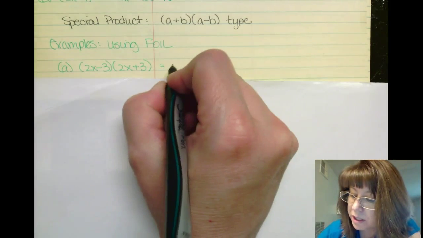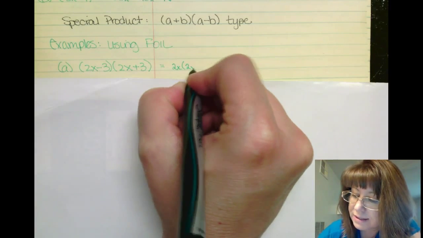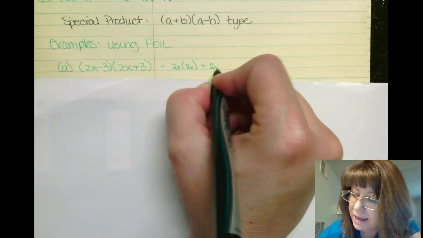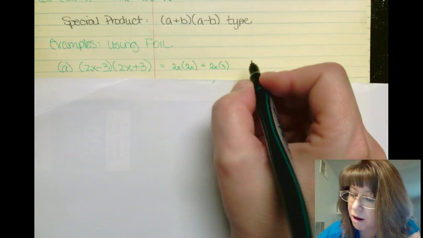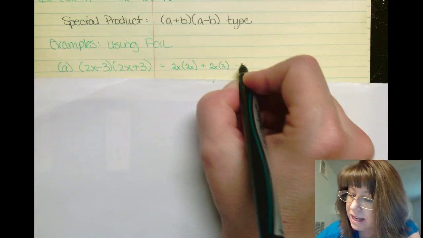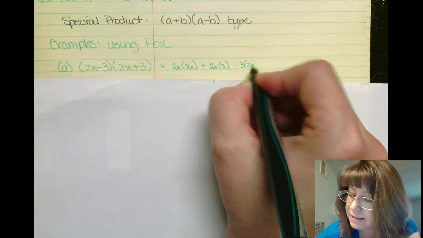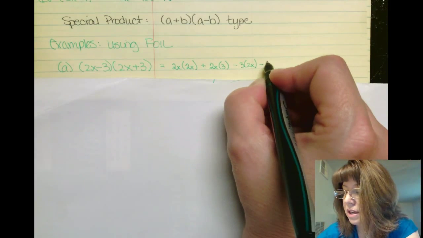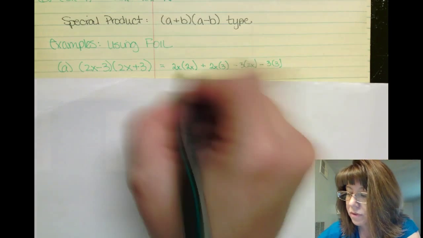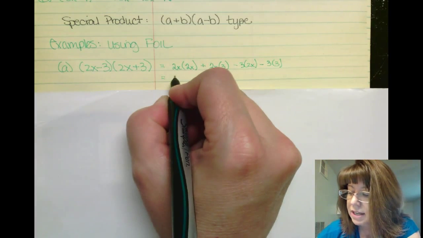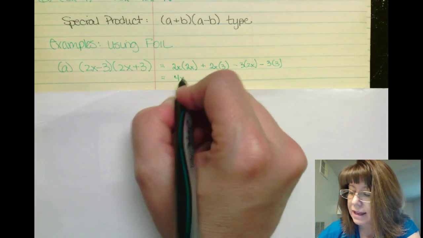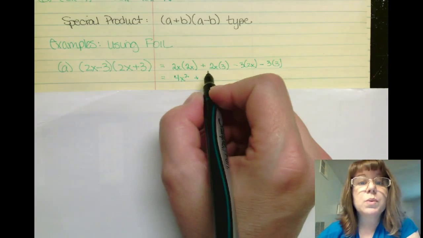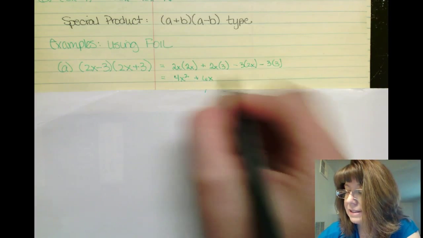So our FOIL will be 2x times 2x, 2x times 3, that will be our outer. Then we have negative 3 times 2x, and we have negative 3 times 3, which is going to be negative 3 times 3. 2x times 2x is going to be 4x squared. 2x times 3 is going to be 6x.